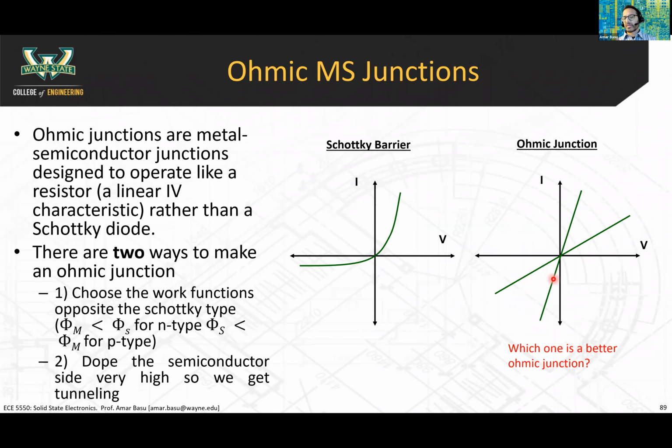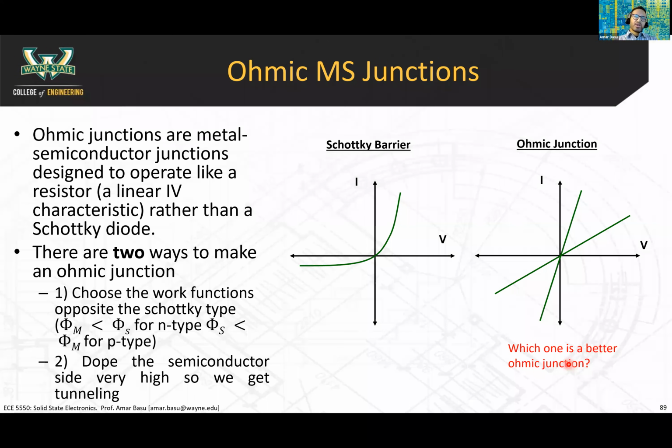Between the metal and the semiconductor. Okay, these are two lines shown. I could just draw one line that represents a linear characteristic, but I drew two lines here. And the question I want to ask you is, which one is a better ohmic junction? And think about why, what would make a better ohmic junction from an engineering or circuit design standpoint.